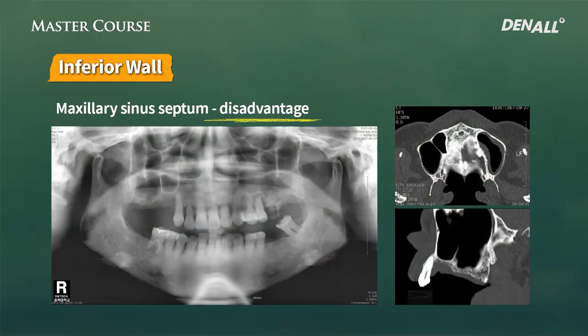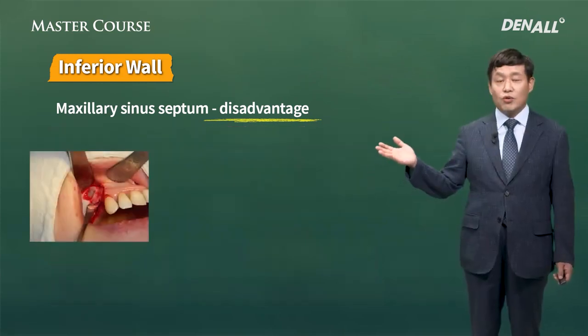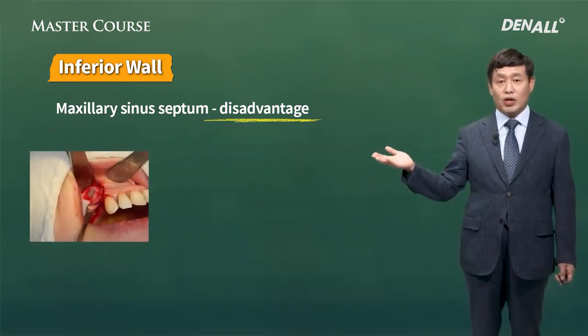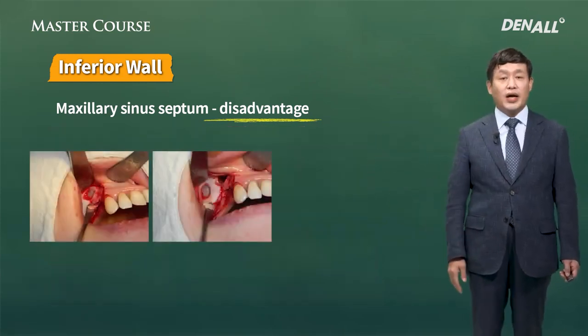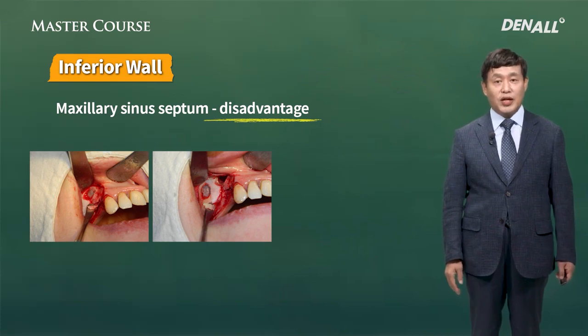Another case, in this patient, premolars and molars are missing. Between the premolars and molars, you can see a rather high septum. So 2 windows are made in the premolar and molar areas to do a sinus surgery. A window is made first in the premolar area, and later another window is made in the molar area.